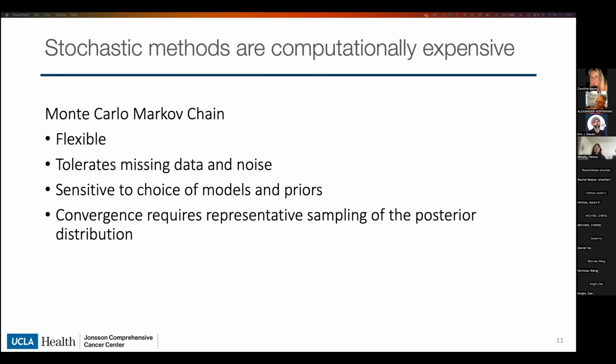So they become infeasible when working with complex phylogenies, when you're working with multi-sample data. And by multi-sample data, I'm saying patients with samples taken from multiple metastatic sites or across different time points.